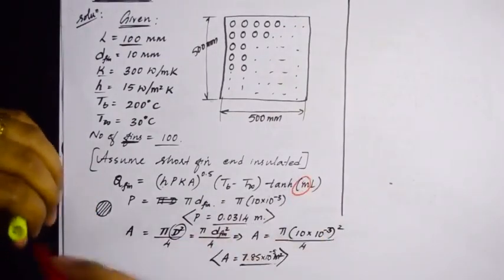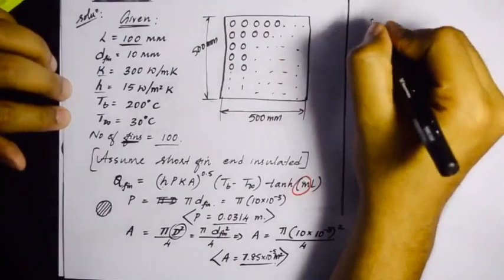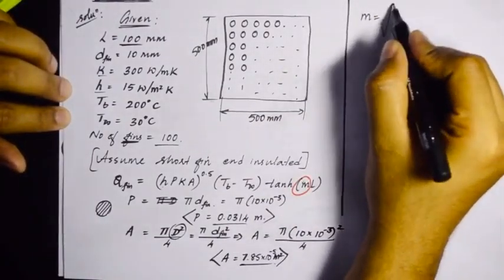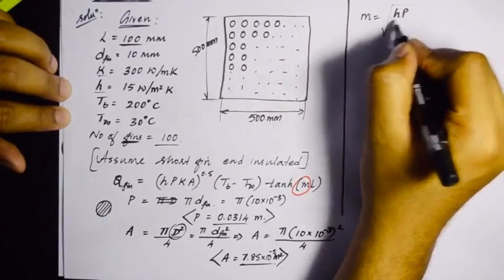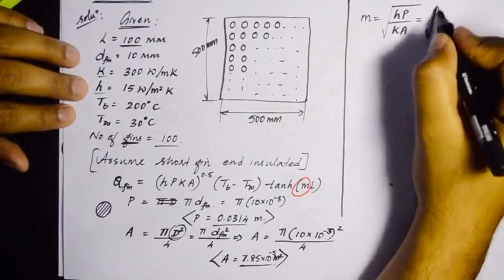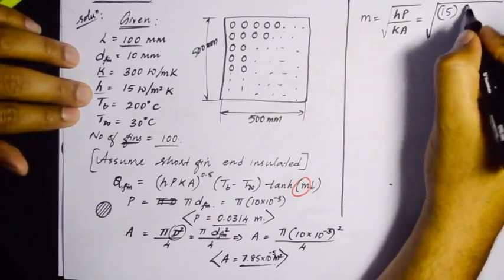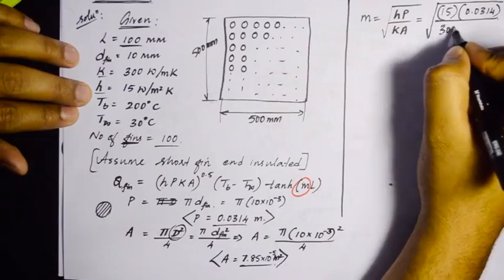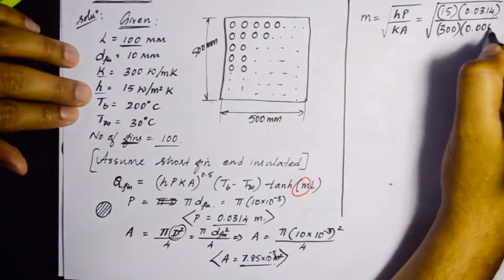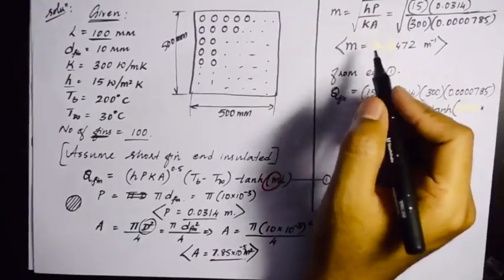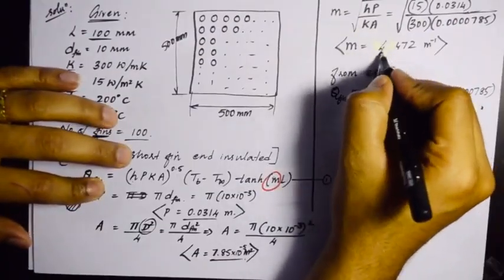So it is good if you calculate the value of m before we substitute it in the heat transfer formula. So m will be given by square root of hP by kA. You will get the value of m as 4.47.